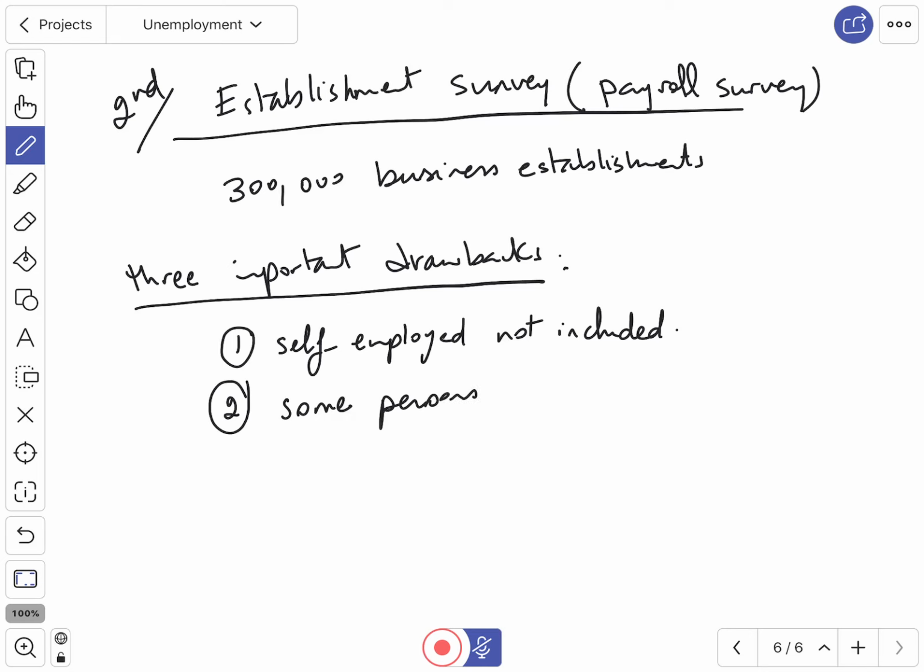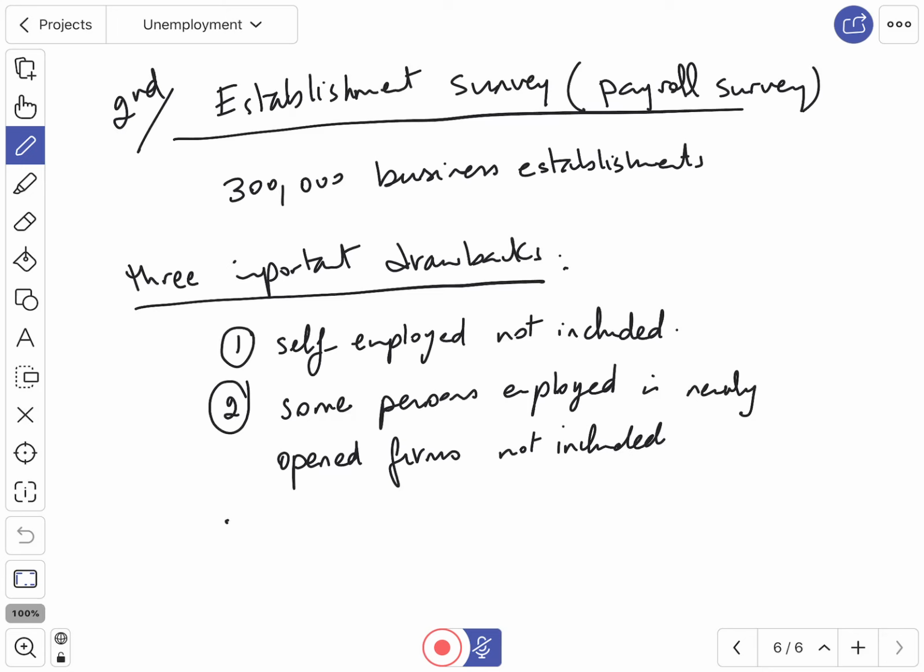Some persons are employed in newly opened firms, and that's why they are not counted, right? They are not included. There is a lag for including all the business establishments.